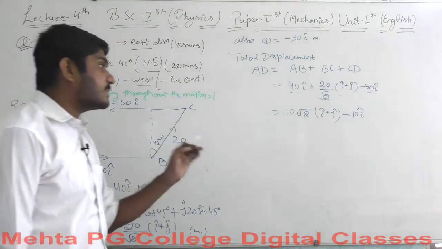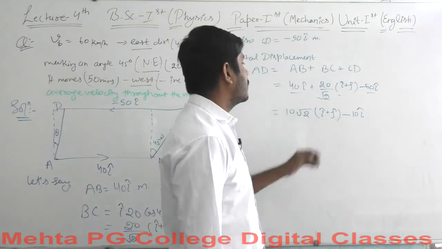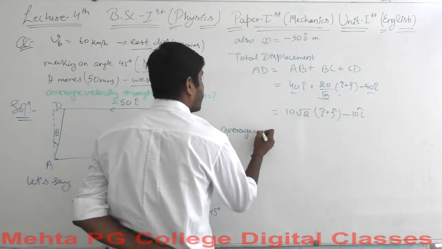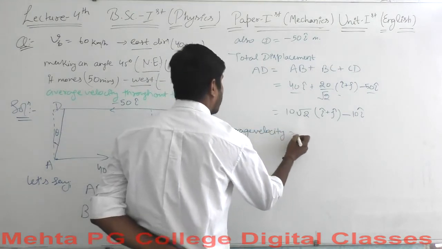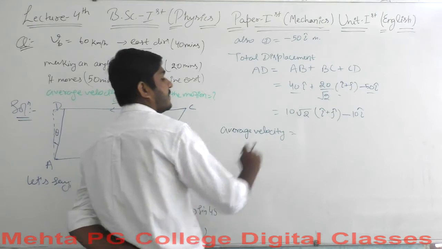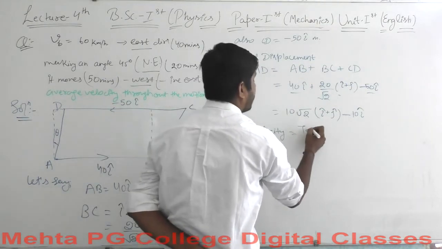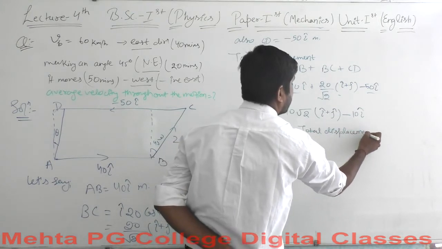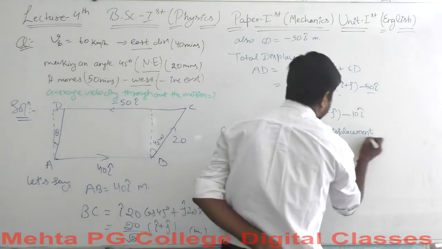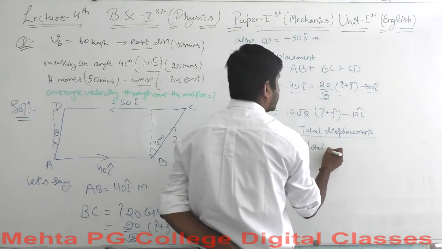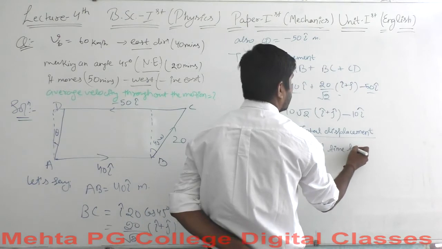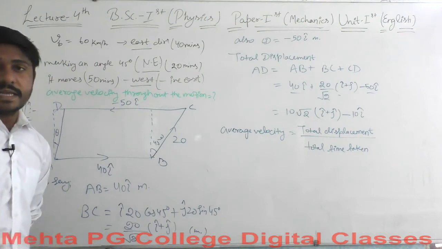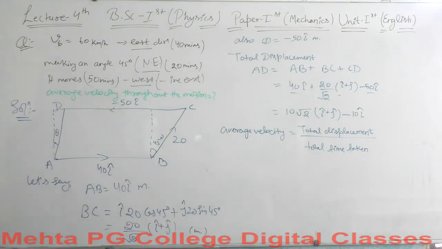As we got the total displacement, what should be the average velocity? The average velocity is equal to total displacement upon total time taken.